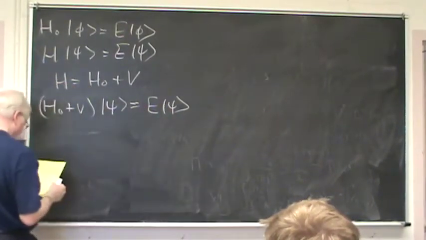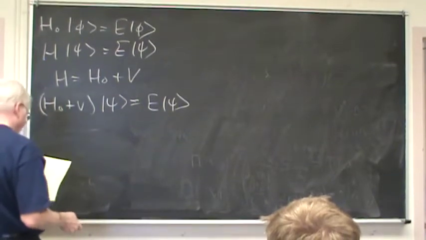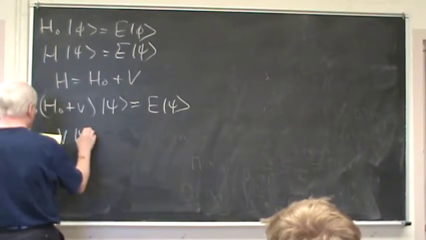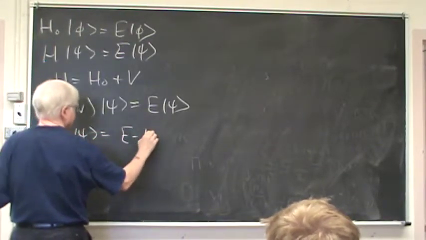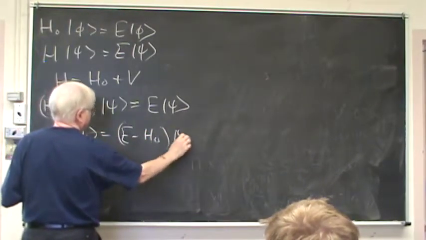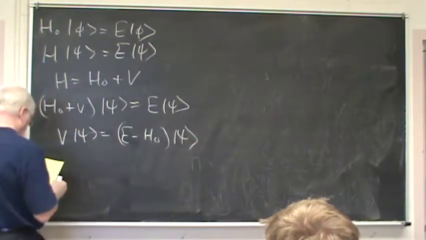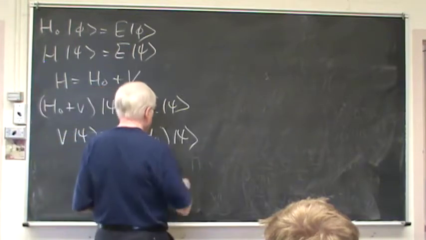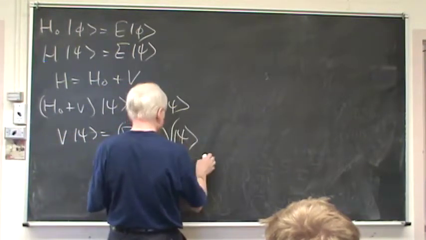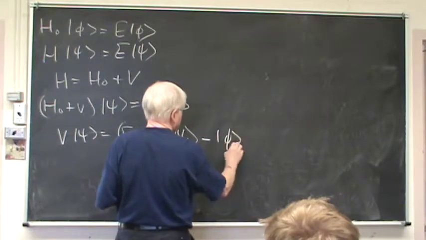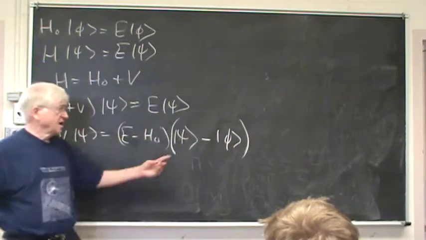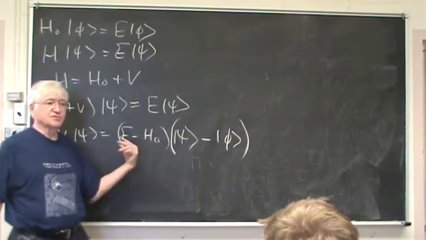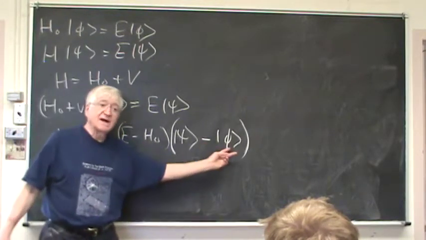All right. We can rewrite that as V psi is E minus H0 psi. But on the other hand, we can generalize that, and we must, because if we stick in any multiple of the eigenstate of H0 with eigenvalue E, this is still a true equation because E minus H0 annihilates phi.